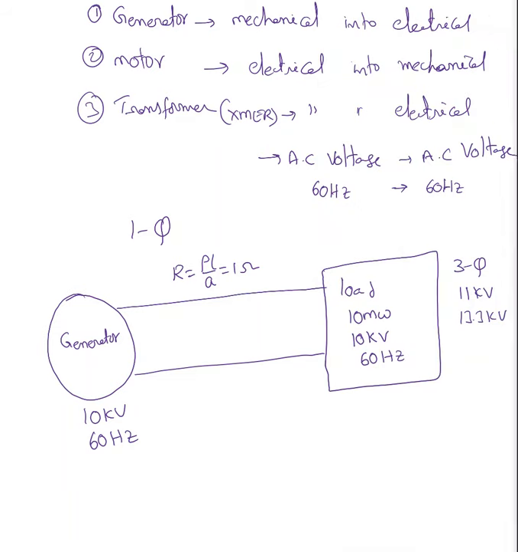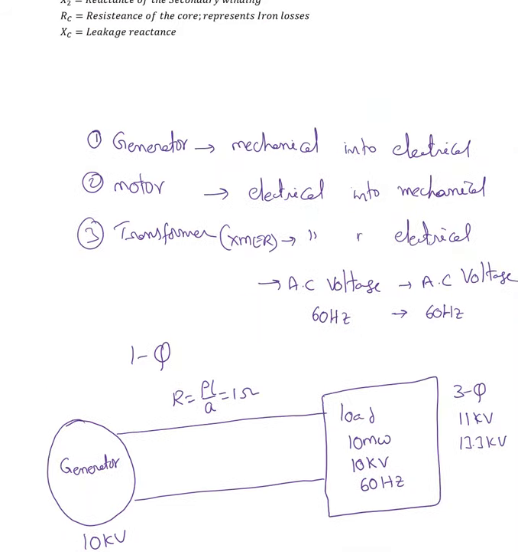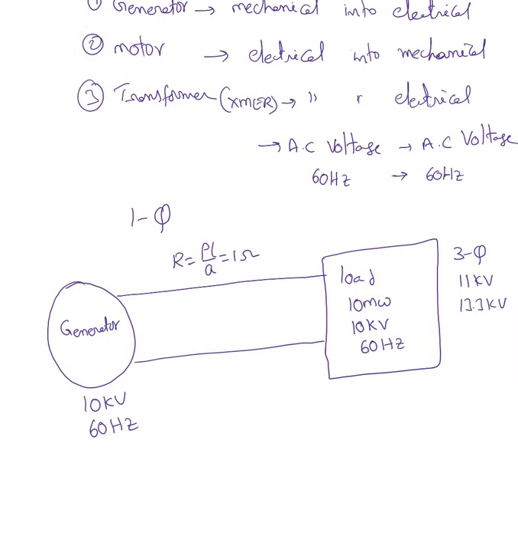Now, what is the current passing through this? Assume the power factor cos theta equals 1. Assume the load we are turning on is a resistive load; then our power factor is going to be unity. Now, P equals V times I times cos theta. I already know P, which is 10 megawatts, and V is 10 kV.